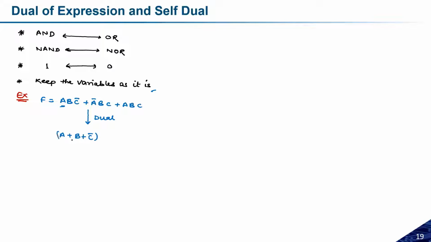Then I replace this plus with dot, so that will be a bar plus b plus c into a plus b plus c. So this is the dual of the expression. This is how we can find the dual of an expression. This is very easy, not tough.